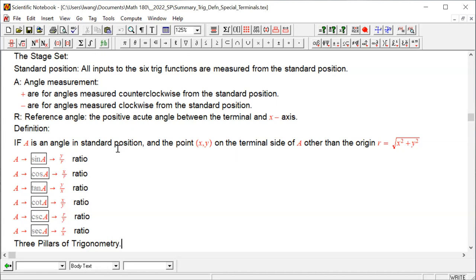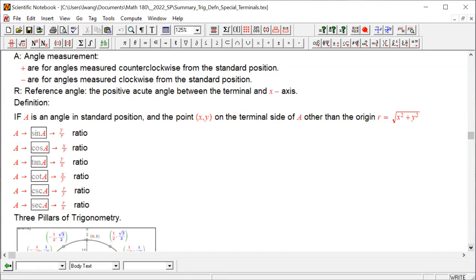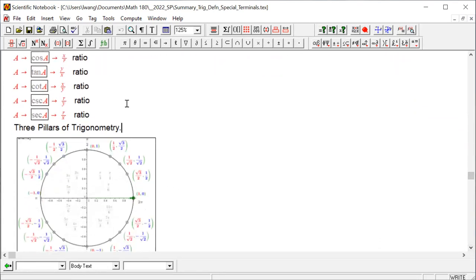Okay, the special angles in the process when we were doing it, I hope you do watch those other 3 videos, those recordings. I keep emphasizing the definition of trig functions. And if all three lessons are combined and we summarize, we get to this circle, okay?